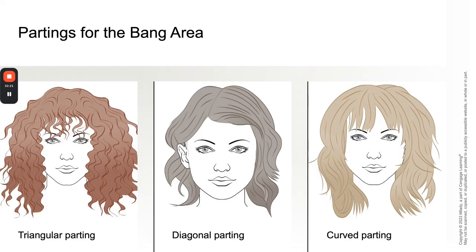You can also do a diagonal parting. So for your diagonal partings, you're going to use those when you want to give height to a round or square face and width to a long, thin face.